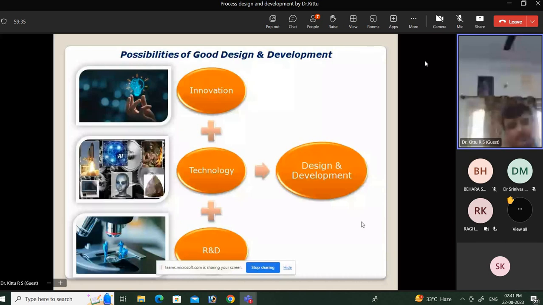Finally, another important factor is R&D, the research and development cell, council or department. R&D also contributes a lot. We have advanced technology, but what research you make from utilizing such technology is important.